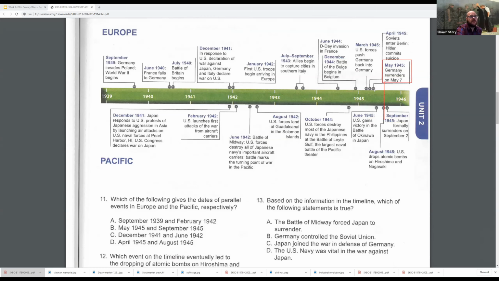So the Germans surrender before it. Hitler committed suicide. The US forces push Germany back. Here we had the D-Day invasion in France, and then the battle in Belgium. So here's 1, 2, 3, 4, and 5 in historical order. What happened right before it?